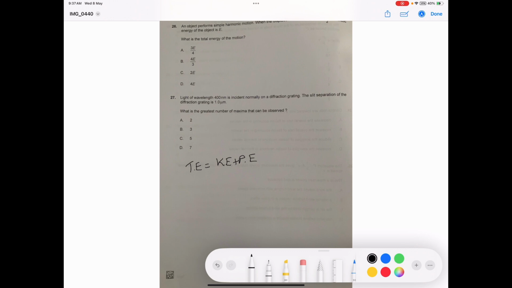So we're told in this question, when the displacement of the object is x naught over 2, the kinetic energy of the object is E. So let's look at the kinetic energy. Kinetic energy for simple harmonic motion, I'm just going to say it's a half k times x naught squared minus x squared. So in this case, x naught over 2 is given, so it's going to equal half k times x naught squared minus x naught squared over 4.